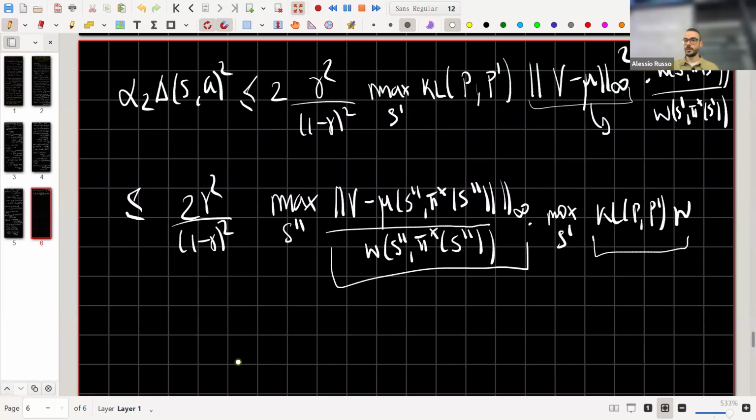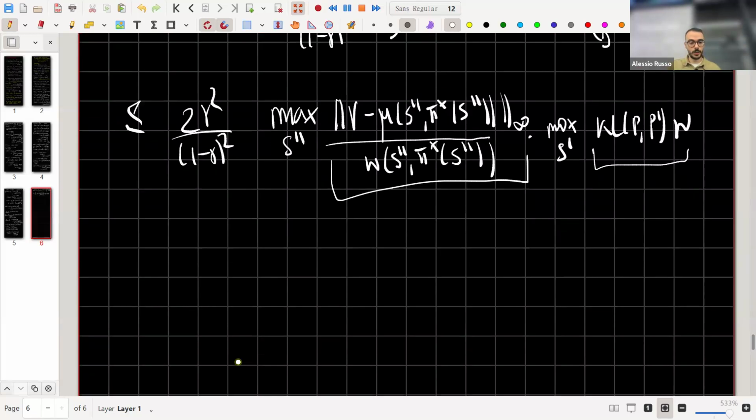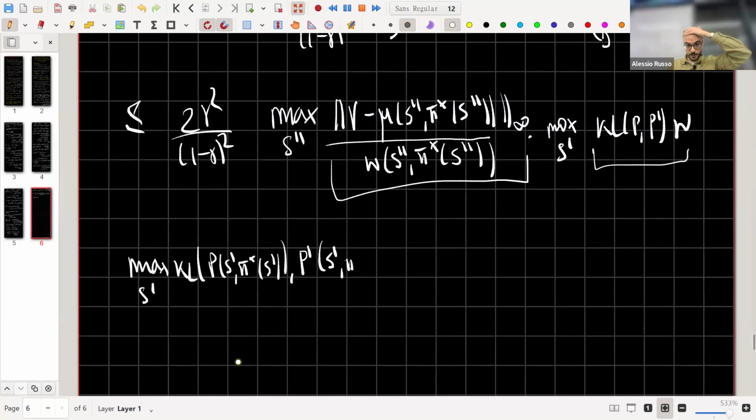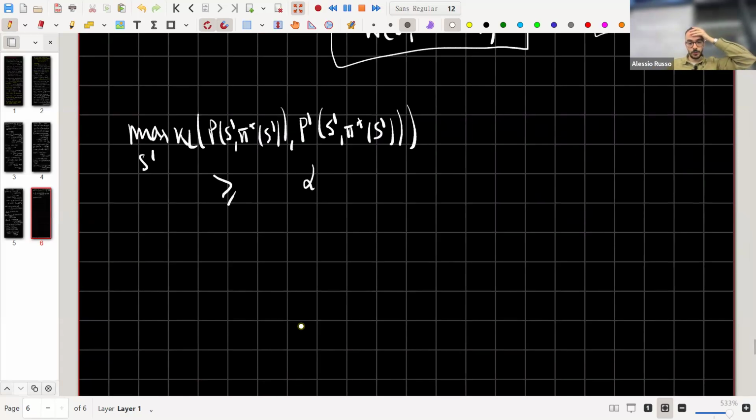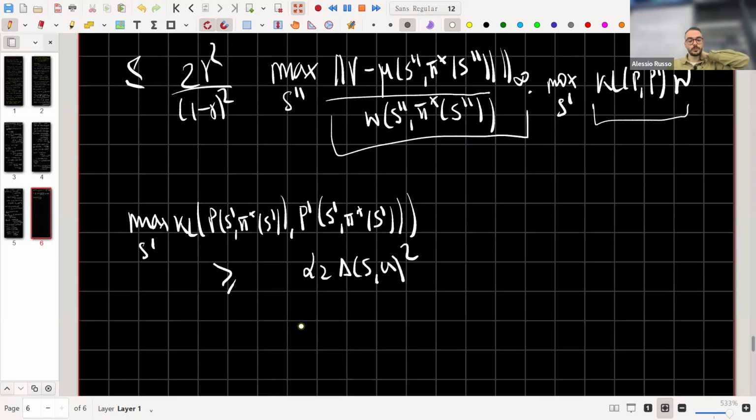So now we know that the maximum term in that sum, so we know that max over S prime KL of P S prime pi star S prime and P prime S prime pi star S prime, is lower bounded by alpha 2 delta SA squared divided by max over S second of V minus mu, infinity norm squared.